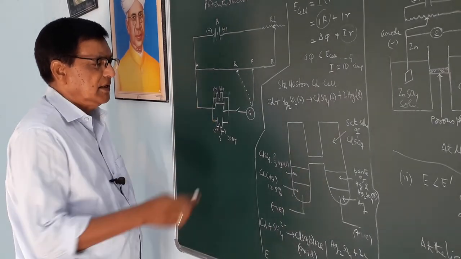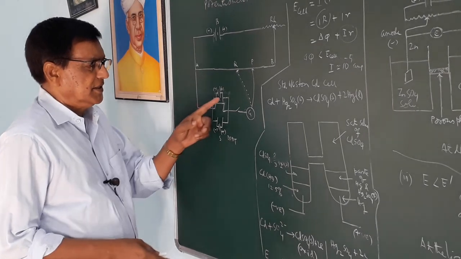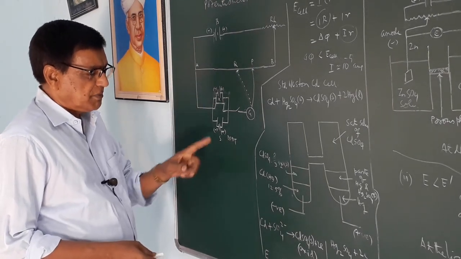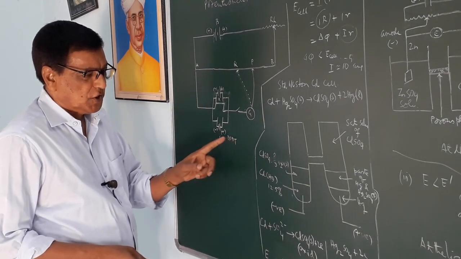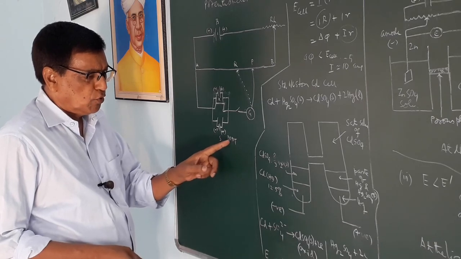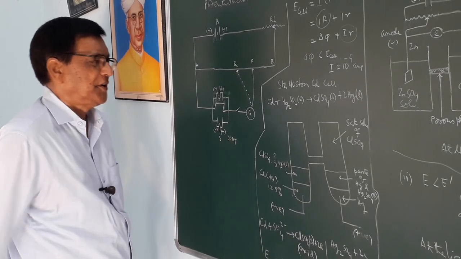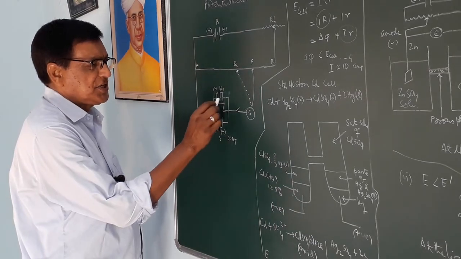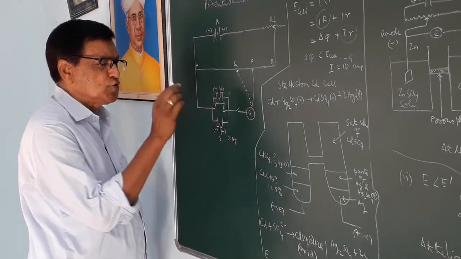This cell is connected to this potentiometer by means of a DPDT, double pole double throw arrangement. Now it is connected with this cell whose EMF is to be determined.